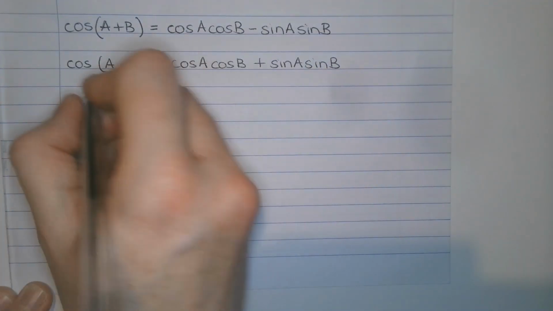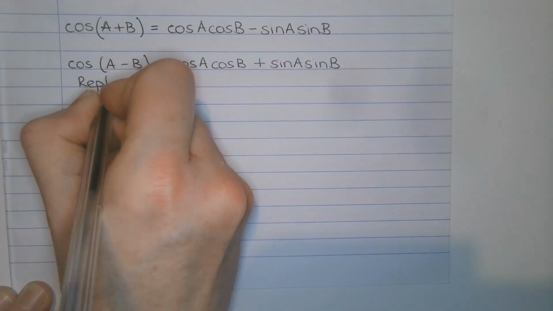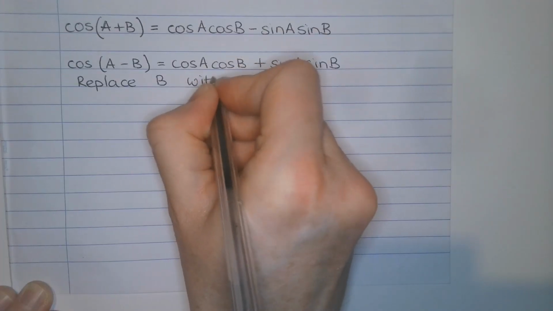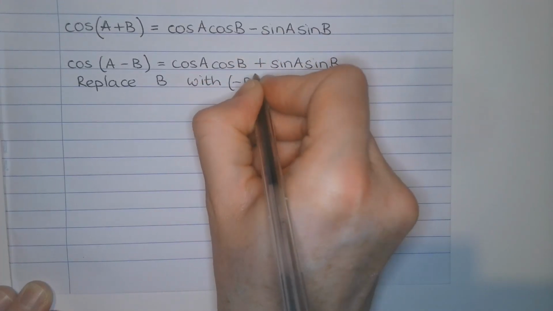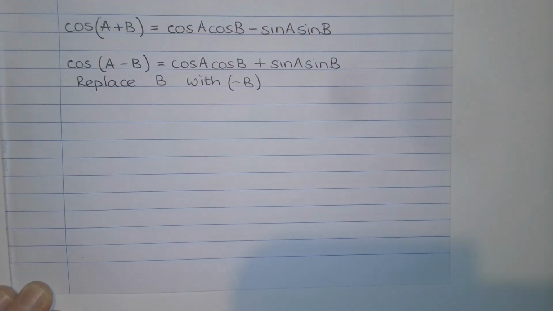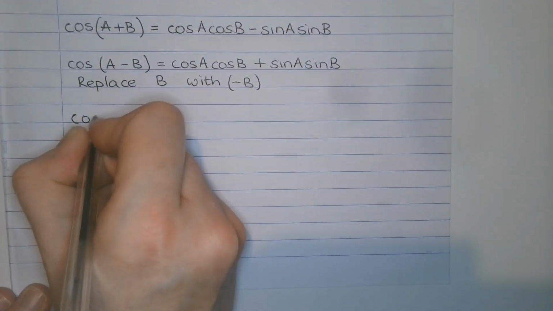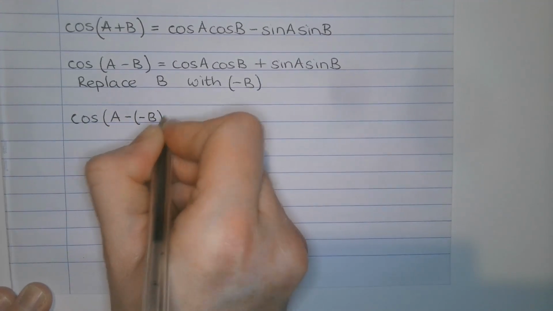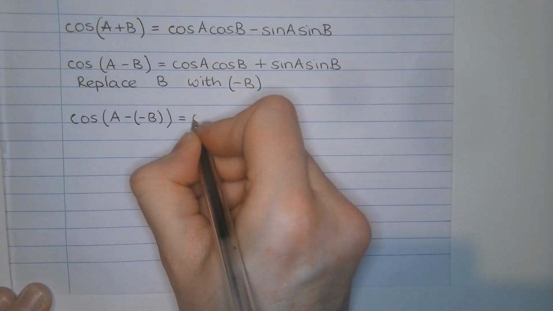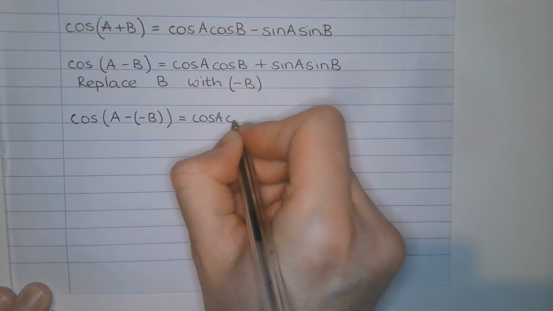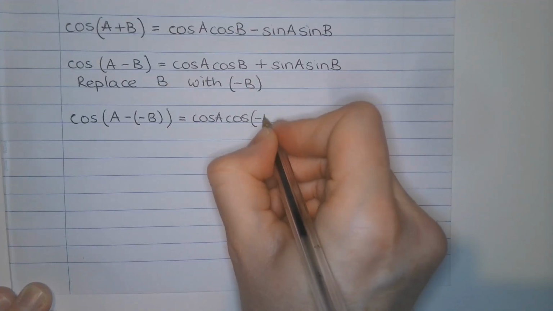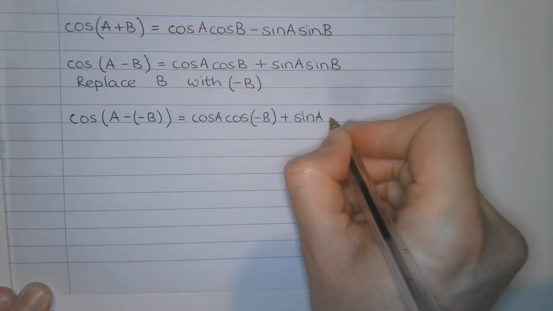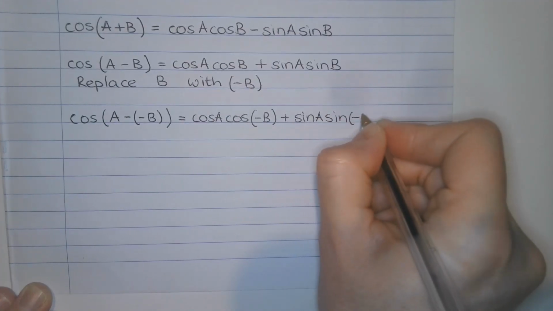And what we're going to do is replace B with minus B in that formula. So that's going to look like the cos of A minus minus B is equal to cos A cos minus B plus sine A sine minus B.